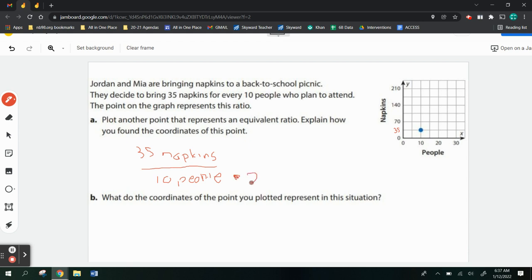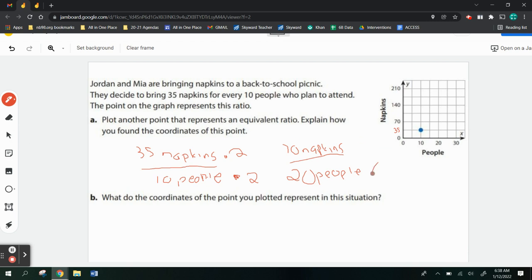So I'm going to multiply this by 2. So now there's 20 people. Well, if there's 20 people, how many napkins are Jordan and Mia going to bring? So let's multiply the top by 2. 35 times 2 would be 70. So Jordan and Mia are going to bring 70 napkins for 20 people.